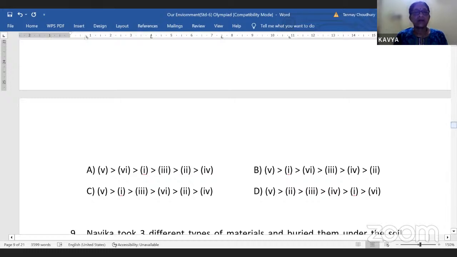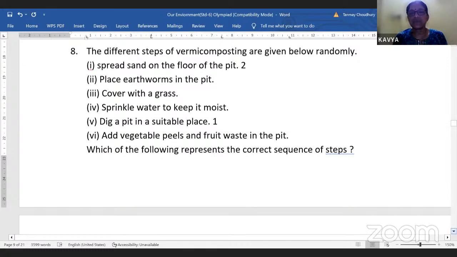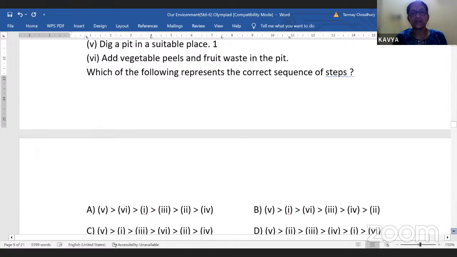Okay. Now here, the first option will be number 5: dig a pit in a suitable place. So let us see which one is the first option. 5-1 here.